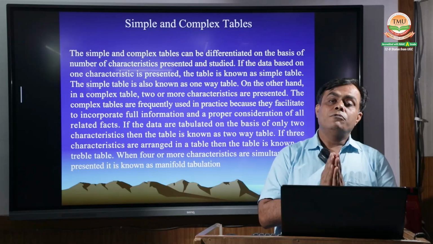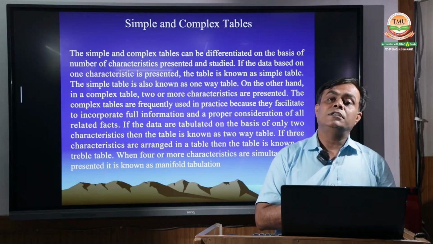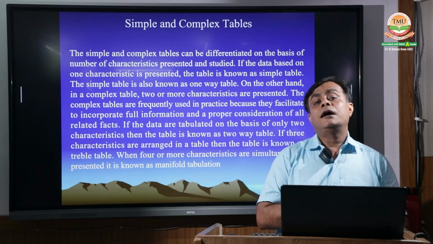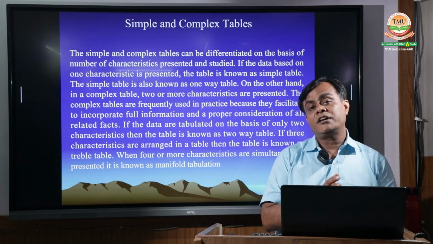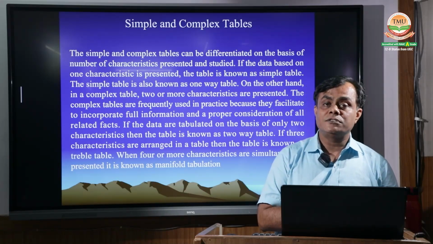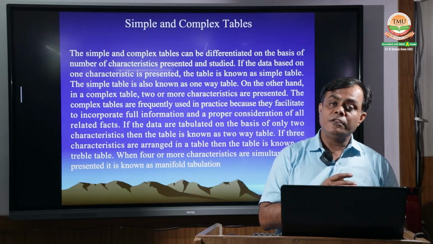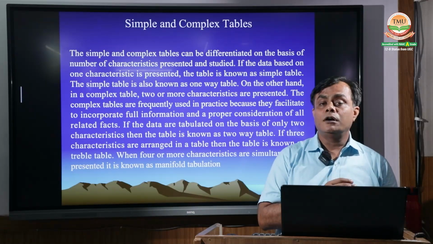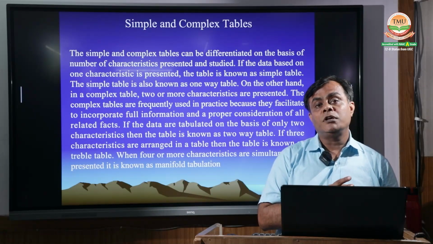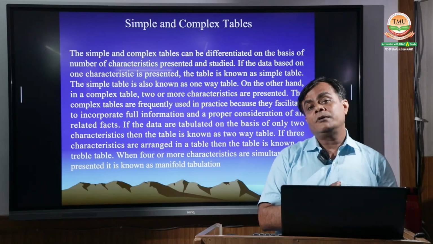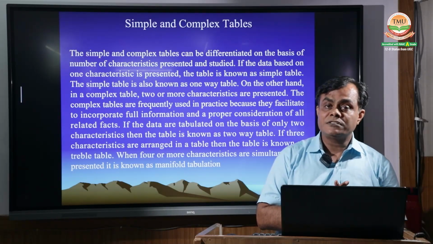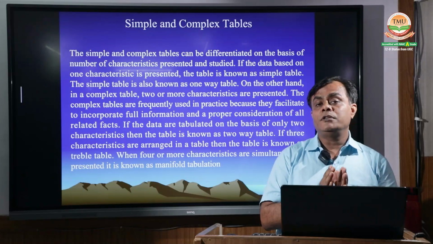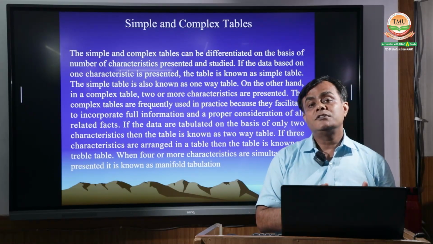So simply, one-characteristic data is called a simple table, and if the data have two or more characteristics, that is called a complex table. The manifold, three-way and two-way tables are all under the category of complex table, and if the table is a one-way table, that is called a simple table.